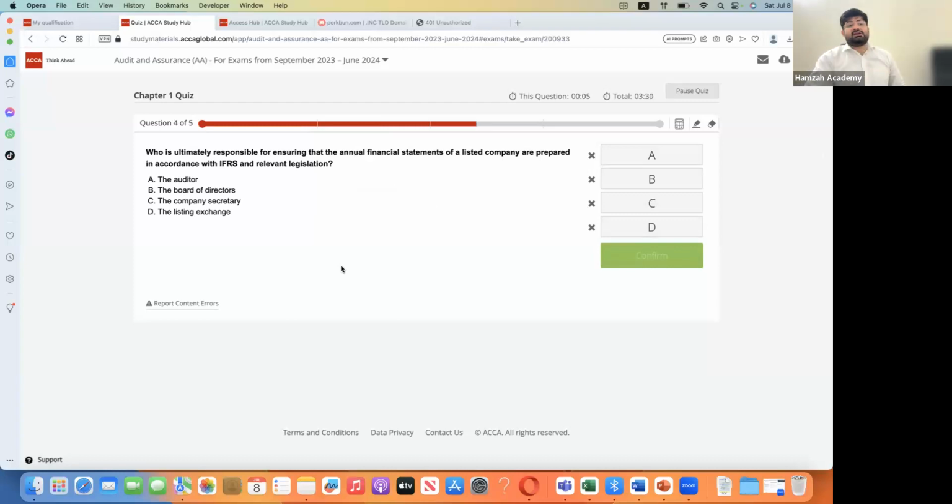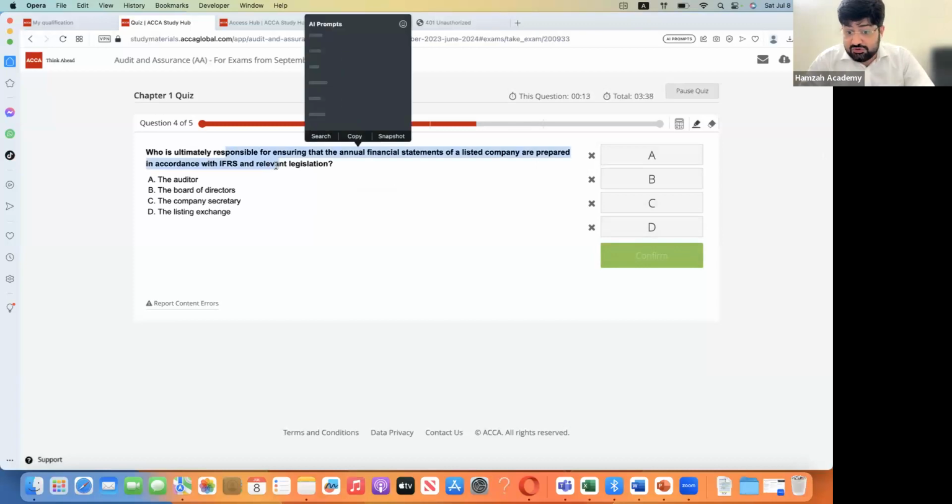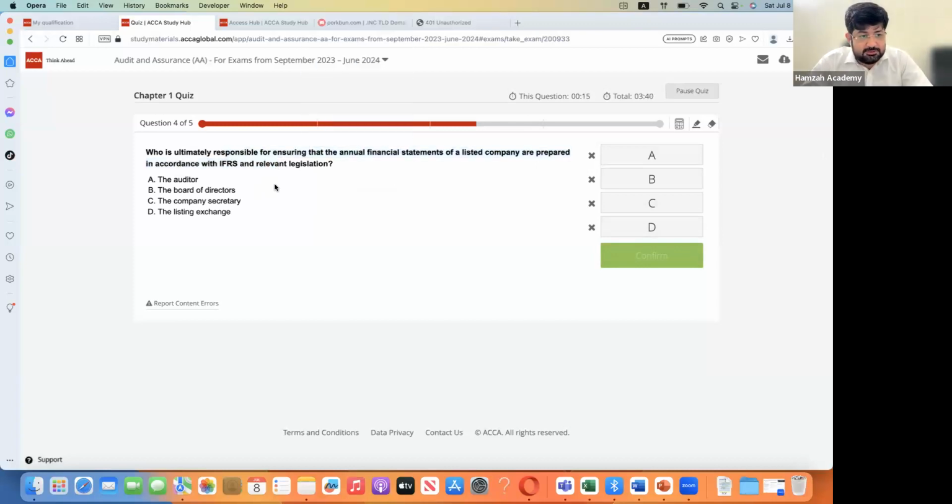Who is ultimately responsible for ensuring the annual financial statements of a listed company are prepared? Now, read carefully. Read carefully and tell me the answer.